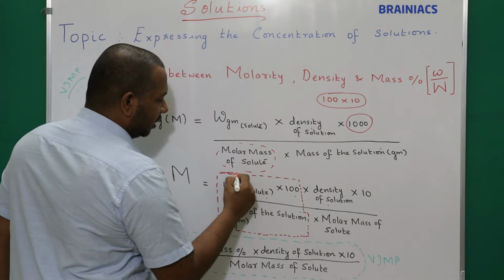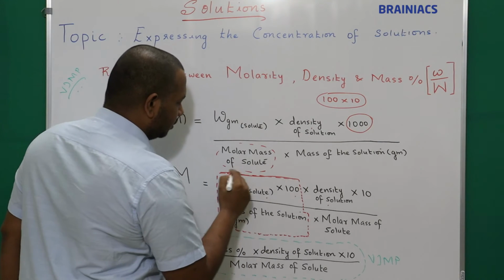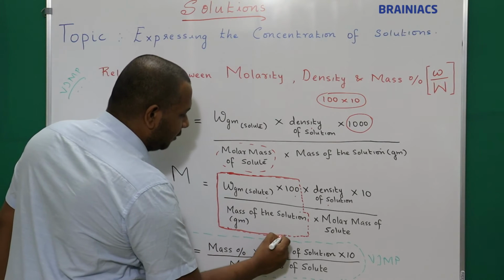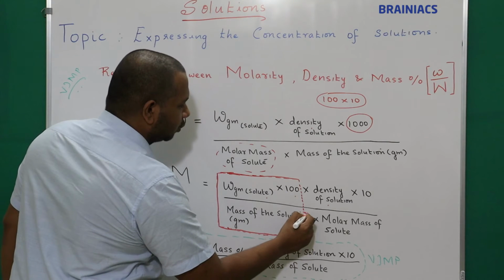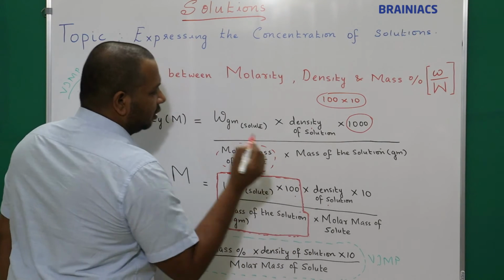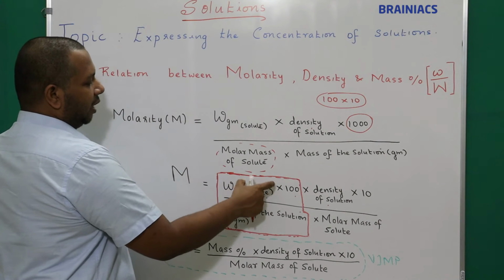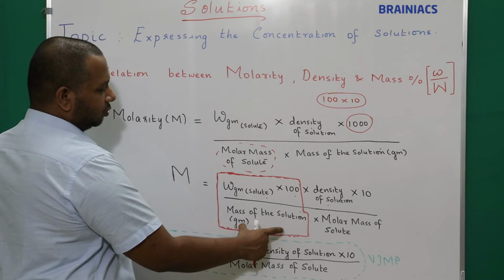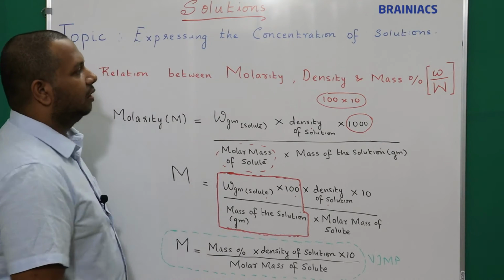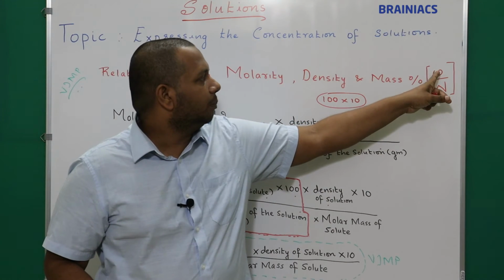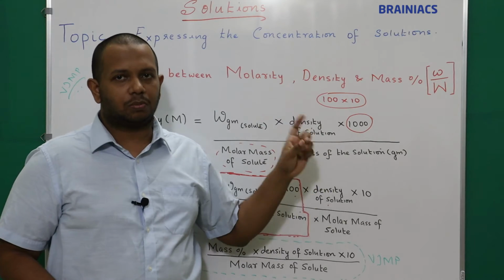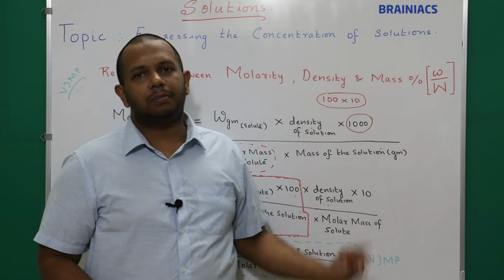You may find it very familiar because you have already learned it. What is this? Weight in gram of the solute divided by the weight or mass of the solution, multiplied by 100. You know this is mass percentage.